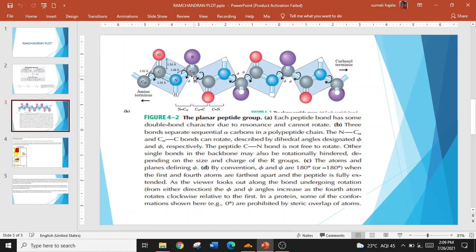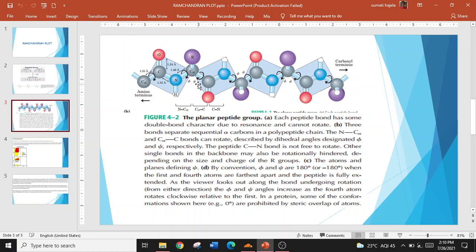This is used merely as a reference point for describing the angles of rotation. We said that if this is on top of that, it is 0, so this is the reference point. How much it is shifted from this will be decided by the different bond angles. Every possible secondary structure is described completely by the two bond angles phi and psi that are repeated at each residue.